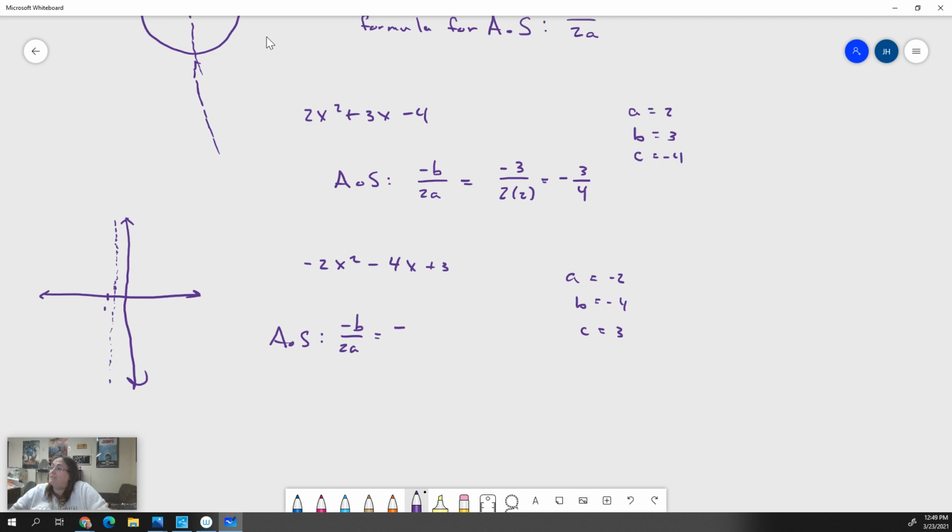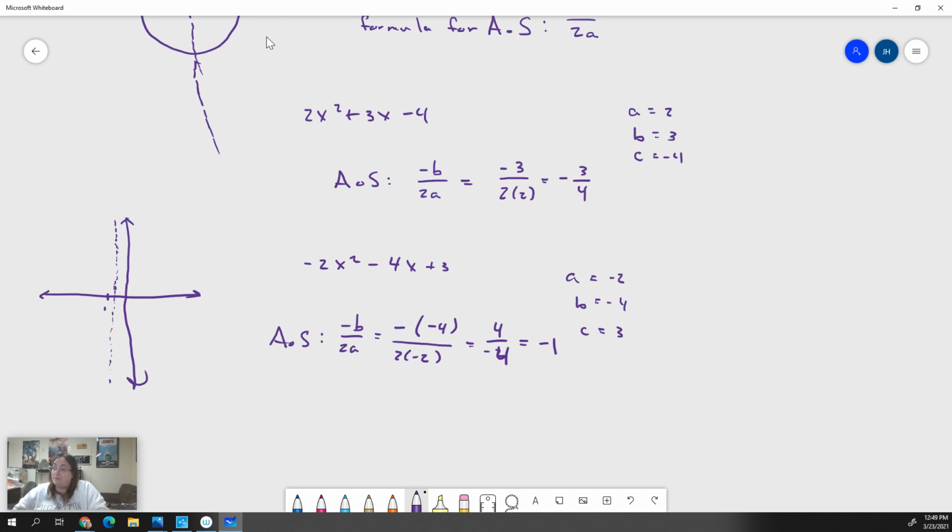So that's minus, my b is negative 4, so it's minus 4 over 2 times negative 2. And we would have 4 over negative 4, which is just negative 1, right? And that's all we need for the axis of symmetry.